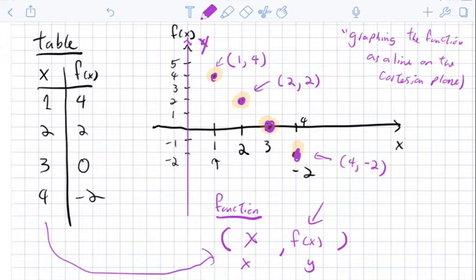And so sometimes when I draw a function on the Cartesian plane, all I do is I say the y value is equal to this function.